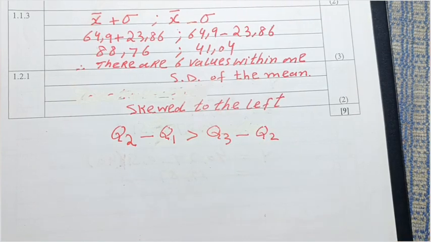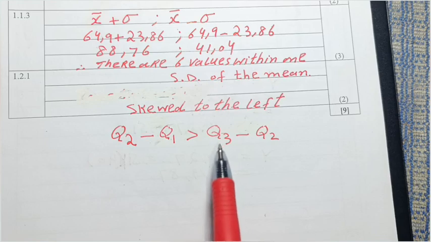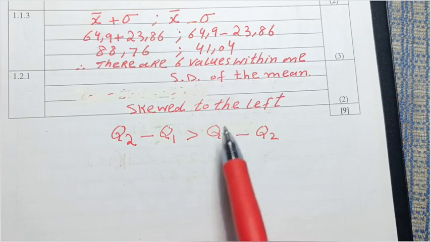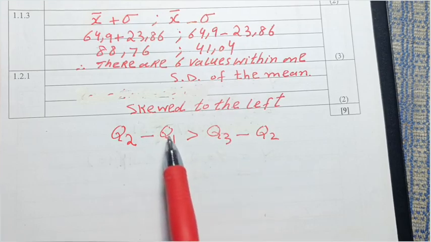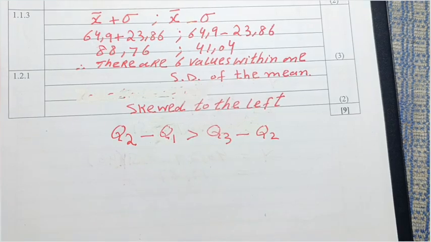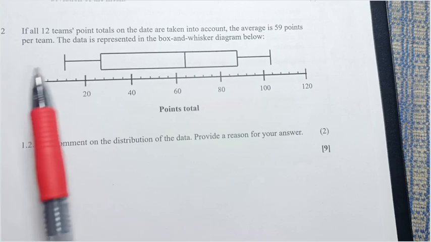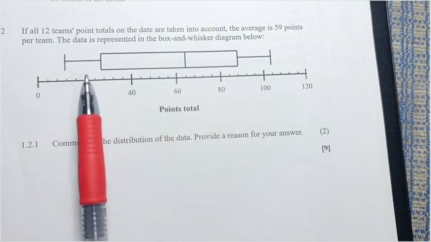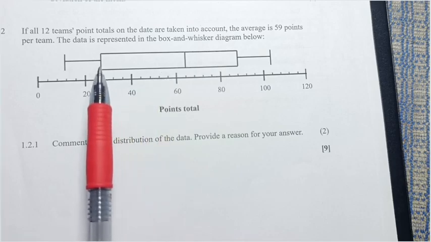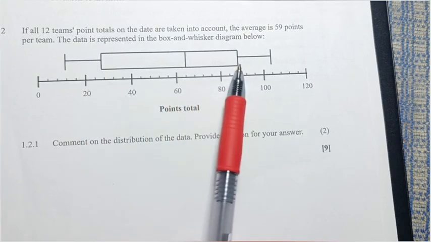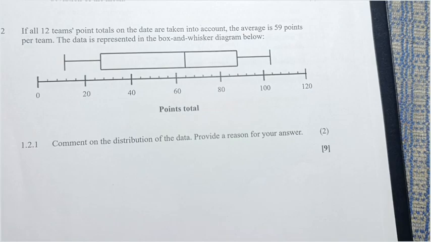If it is positively skewed, you say Q3 minus Q2 is greater than Q2 minus Q1. But this is a negative skew, so you say Q2 minus Q1 is greater than Q3 minus Q2. Have a look here: this is Q1, Q2, Q3. The data is more spread out between Q1 and Q2 than between Q2 and Q3. So we say this is negative skew.